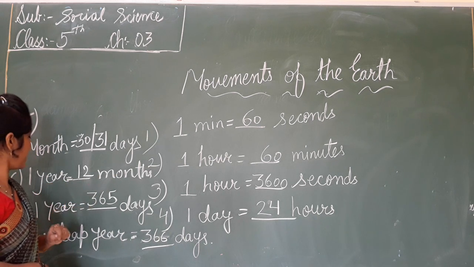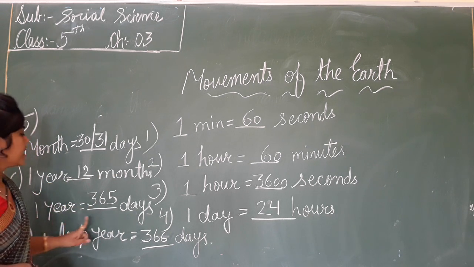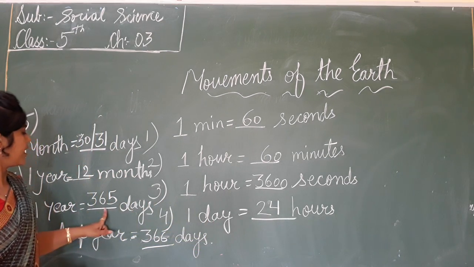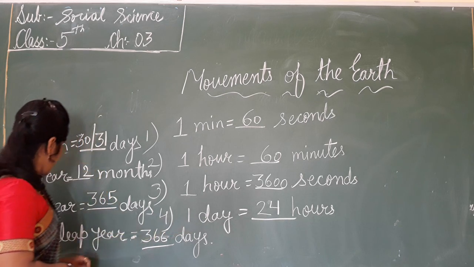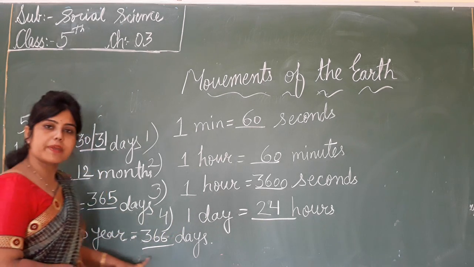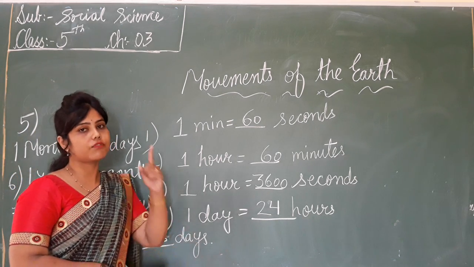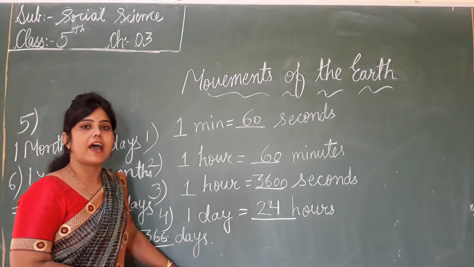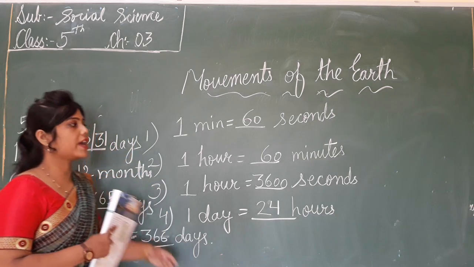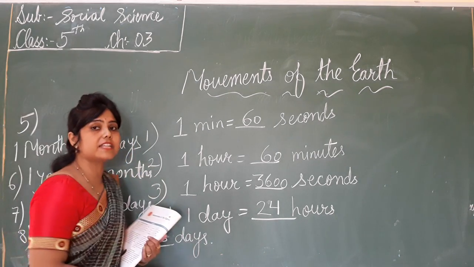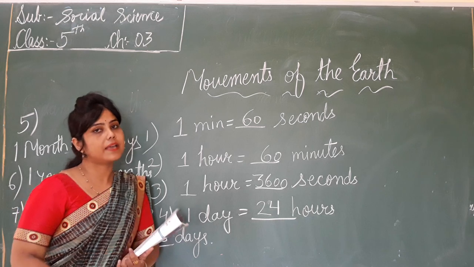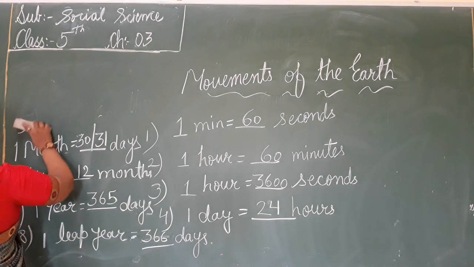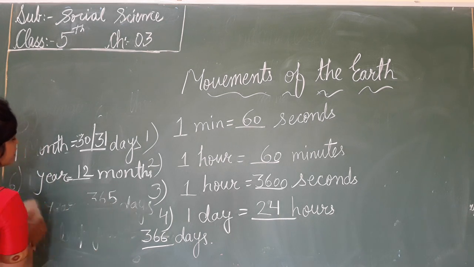In 1 year there are 365 days, and in a leap year 1 day is extra, so there are 366 days. So this is the exercise. Now we'll move on to the chapter.